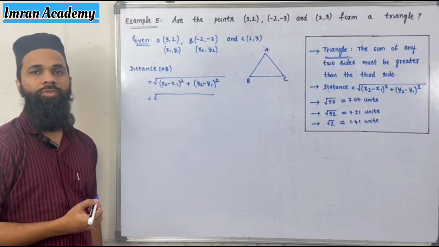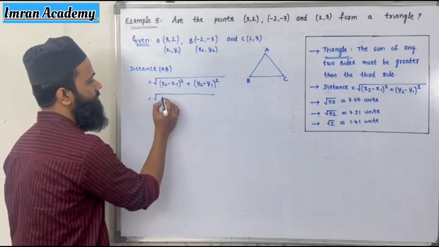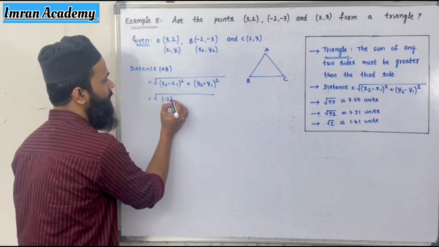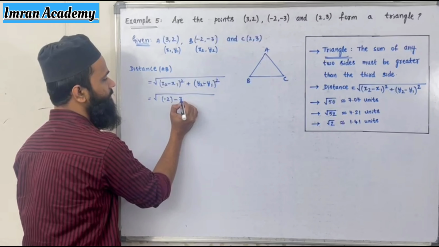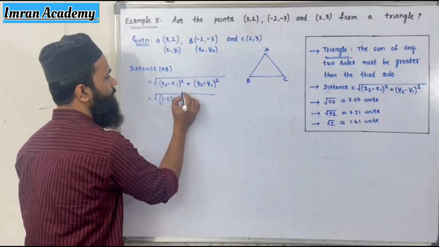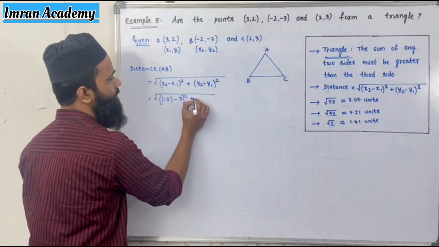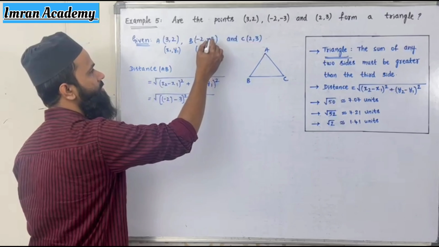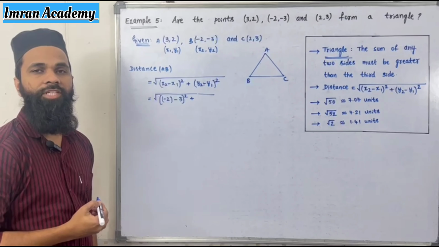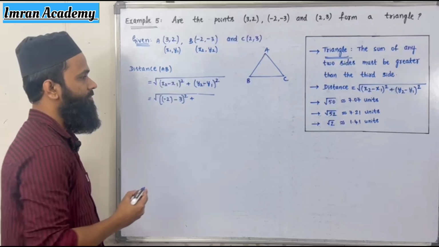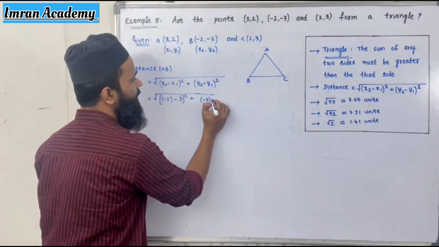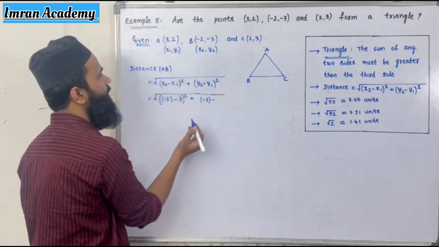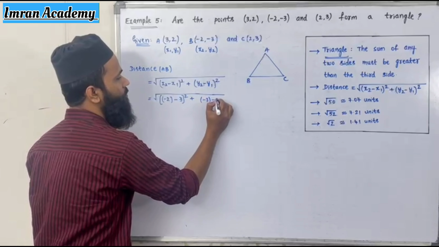As it is negative, put it in brackets. Minus x1. x1 is 3. Whole square plus y2. y2 is minus 3. As it is negative, put it in brackets. Minus y1. y1 is 2.